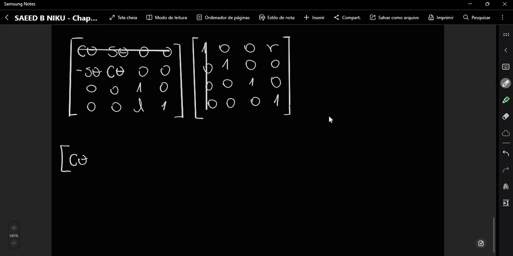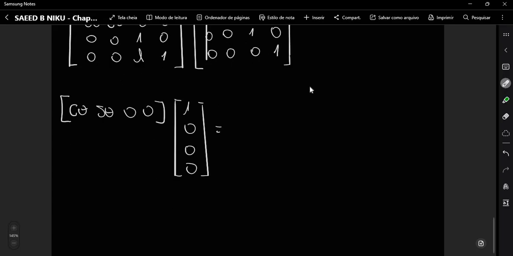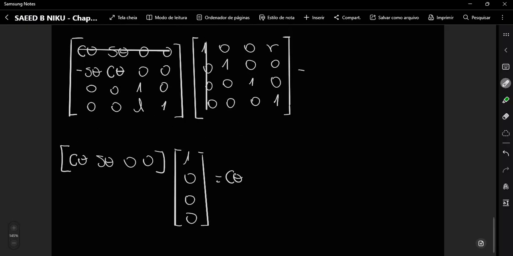Cosine of theta, sine of theta, 0, 0, times 1, 0, 0, 0. And that is equal, right here is just cosine of theta. So that is our first element. Sine times 0, cosine times 0, 0 times 0.